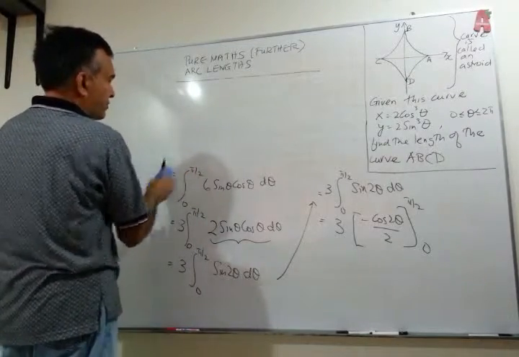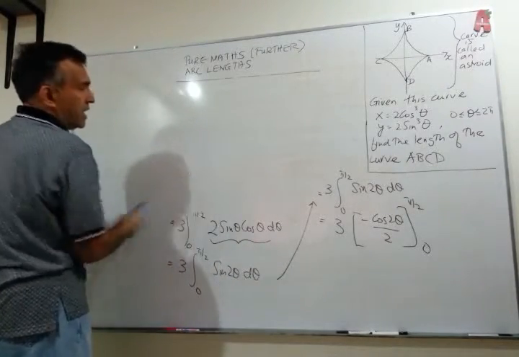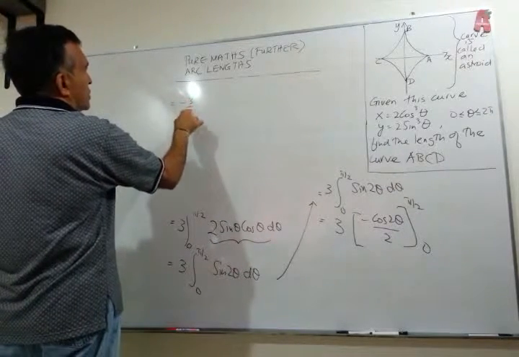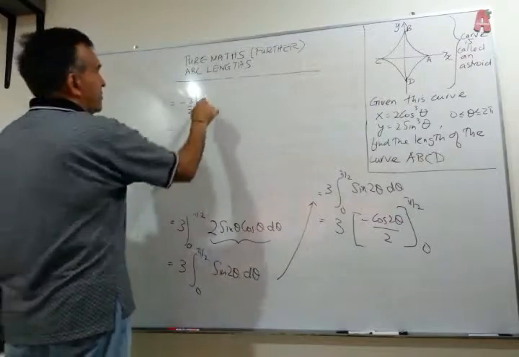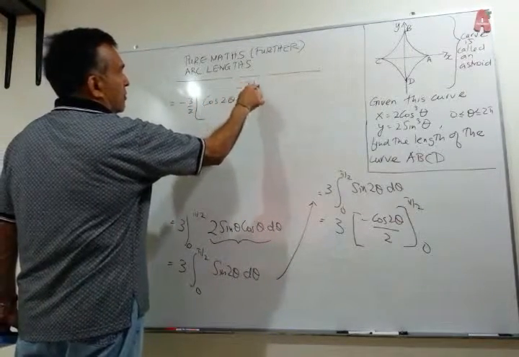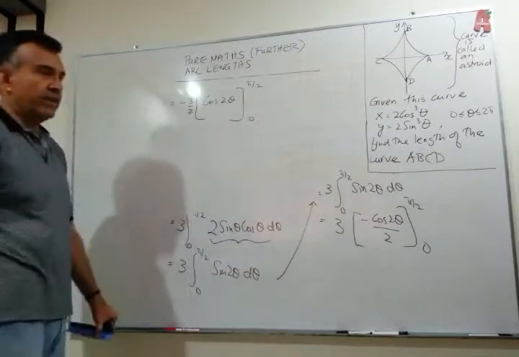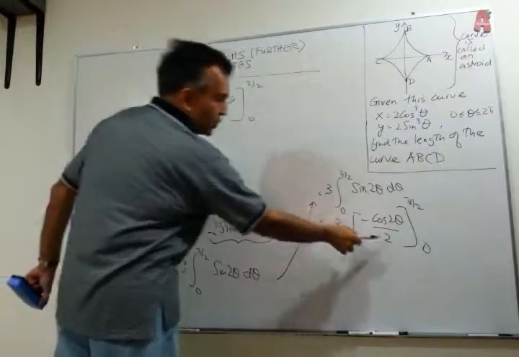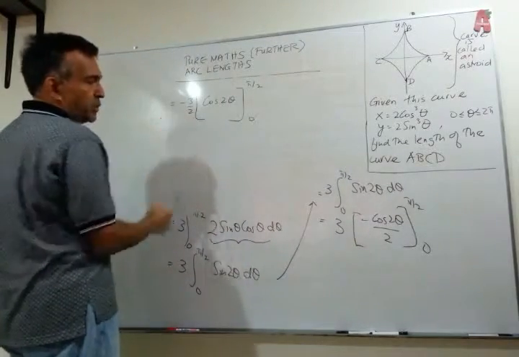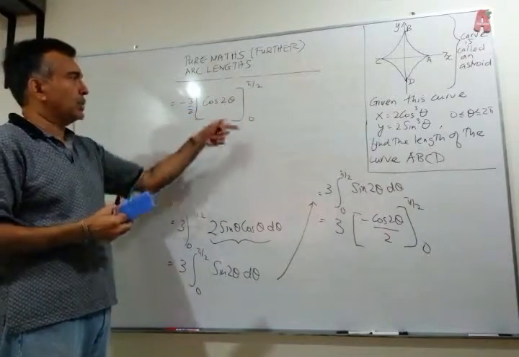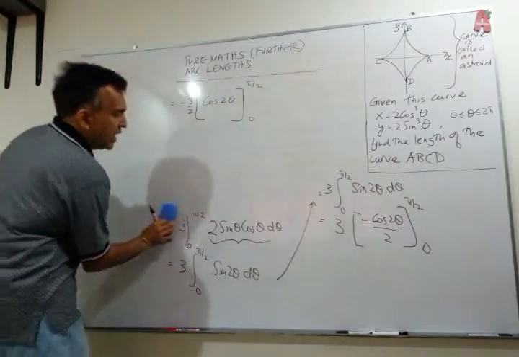So I have negative 3 over 2 cos 2 theta. There's a negative here, I took it outside, and there's a 2 here, I took it outside. The upper limit is pi over 2, the lower limit is 0.